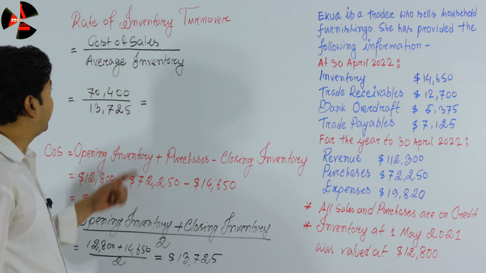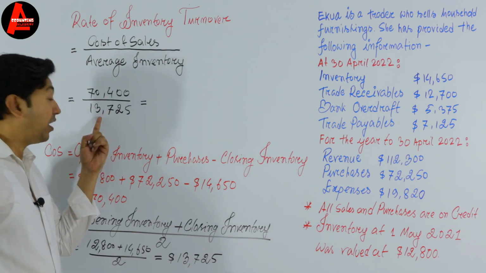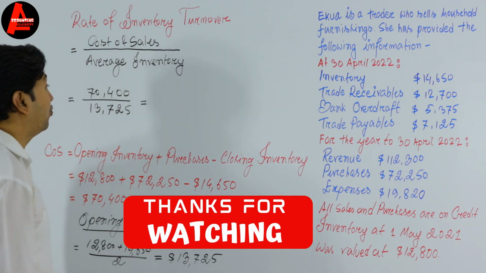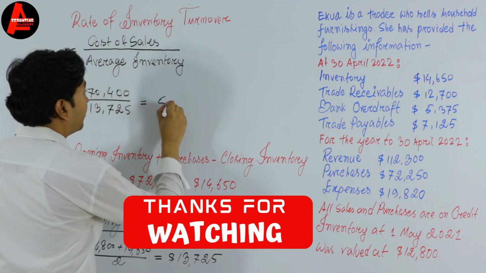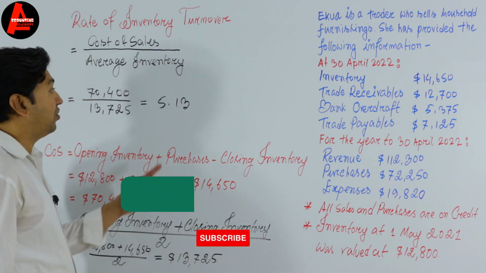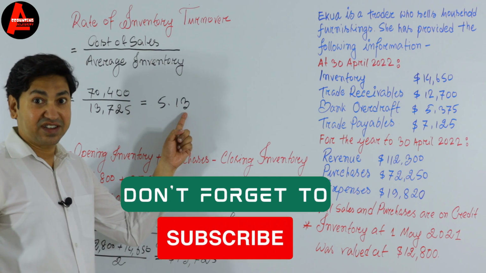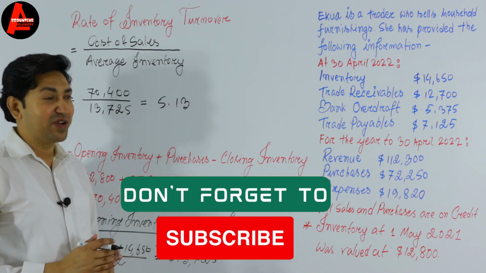Okay, so if we divide $70,400, which is cost of sales, by average inventory, we get 5.13. So 5.13 what? Dollar? Percent? No, none of them, okay?